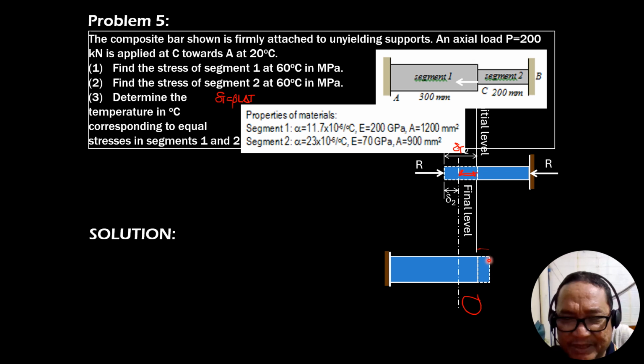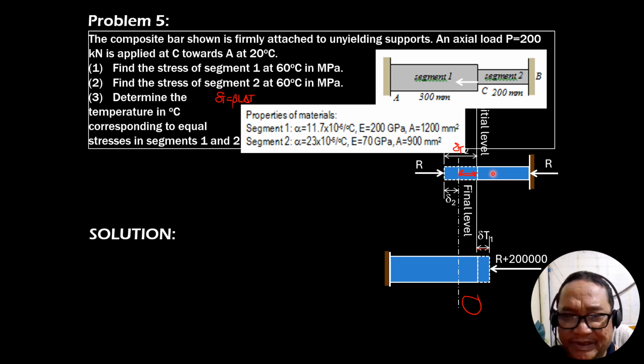This is the expansion due to temperature, denoted by delta T sub 1. From this end to this final level here, this is the deformation due to stress in segment 1 as shown.